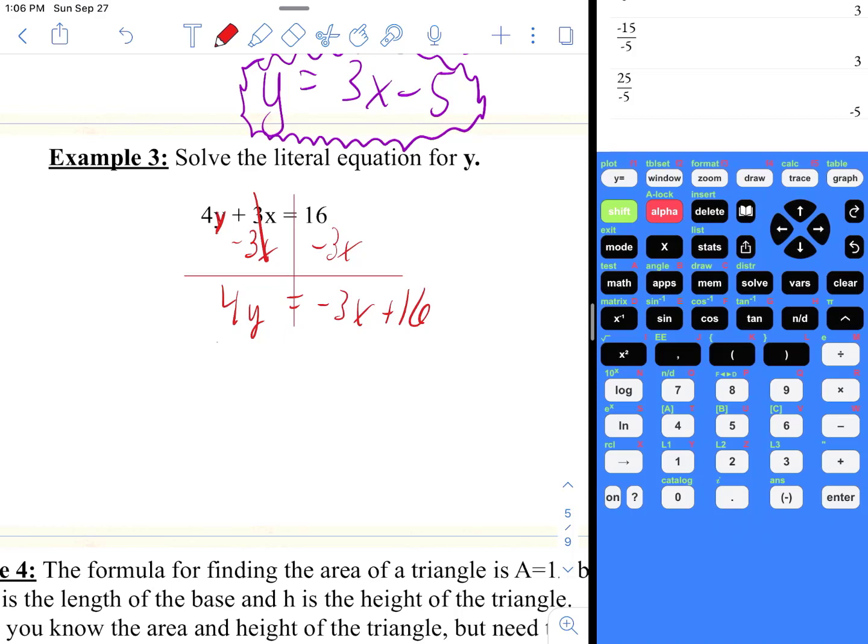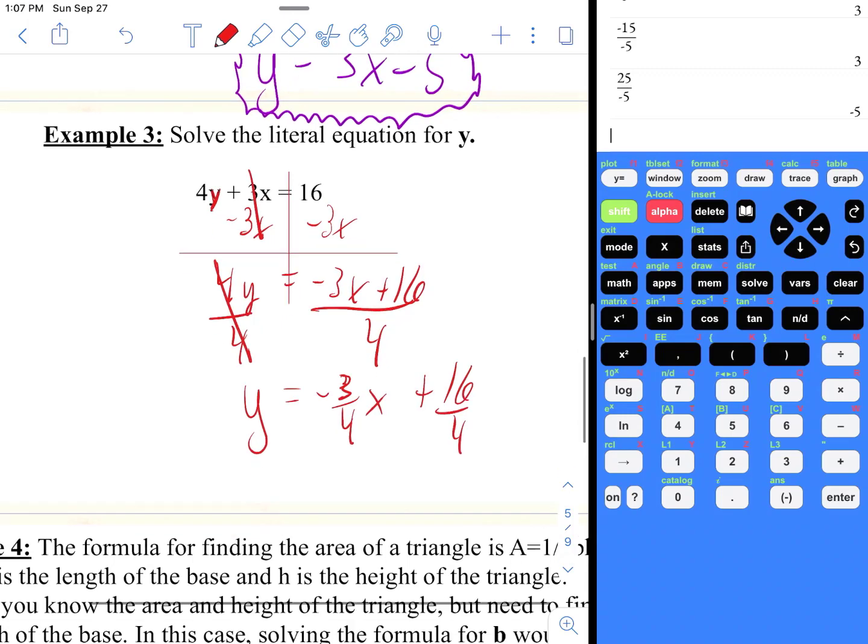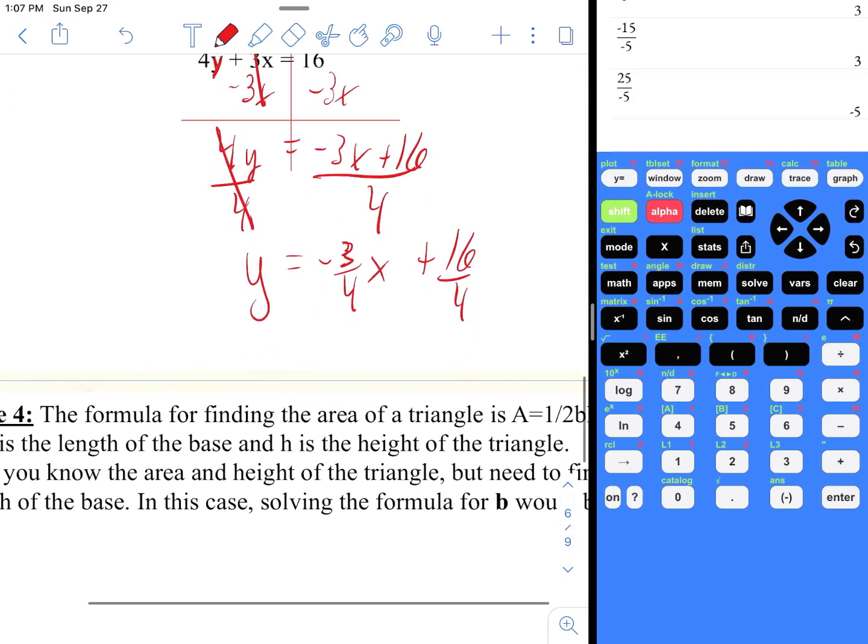Our last step, we're going to divide by 4 on both sides. So I'm going to get y equals negative 3 over 4x plus 16 over 4. We are taking each of those terms and dividing them by 4. When I put this in my calculator, negative 3 over 4 is going to stay as negative 3 over 4.